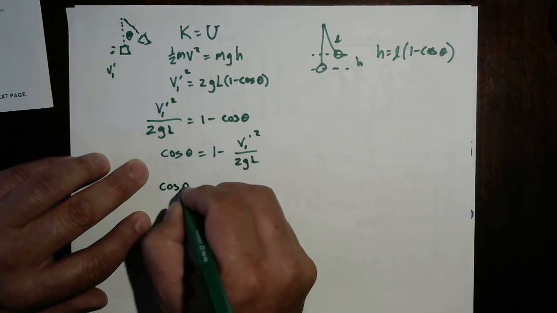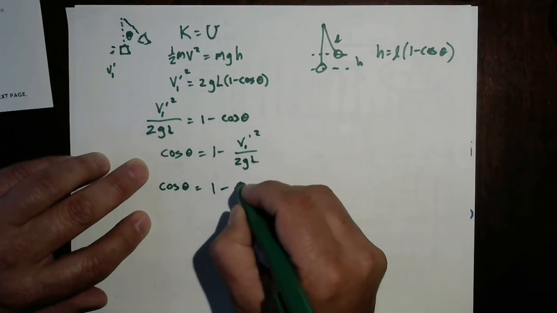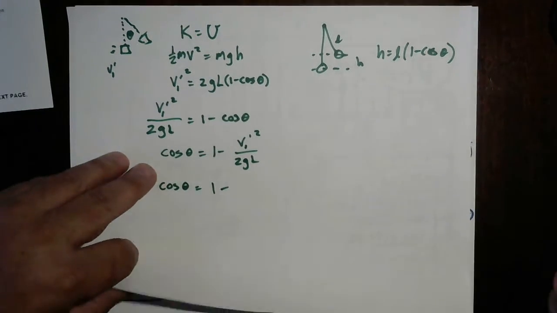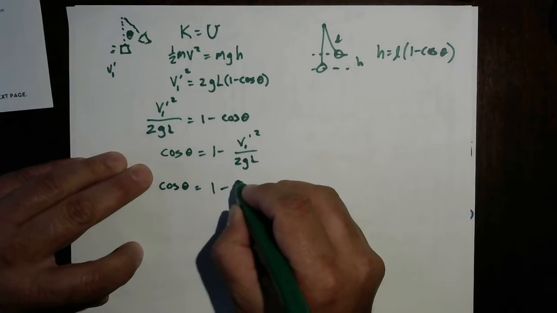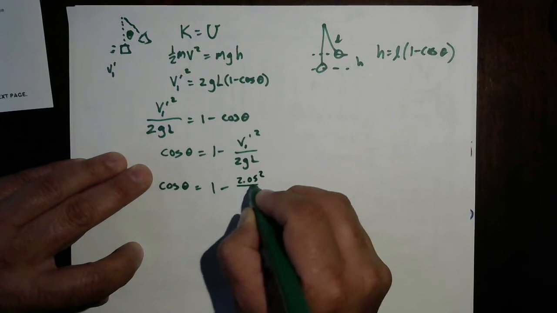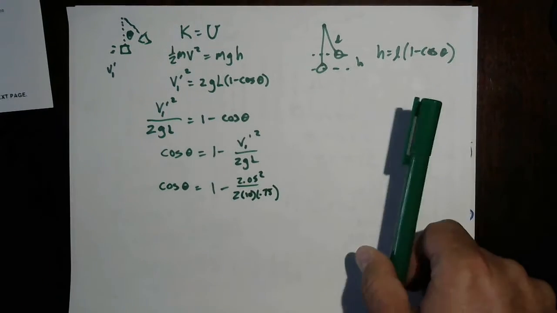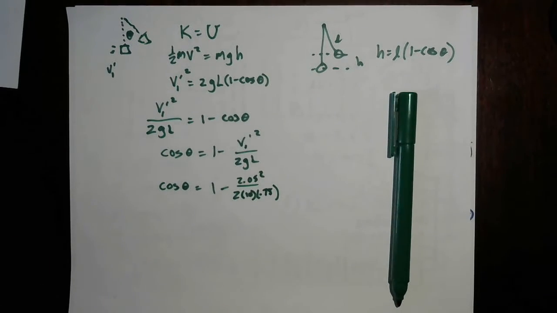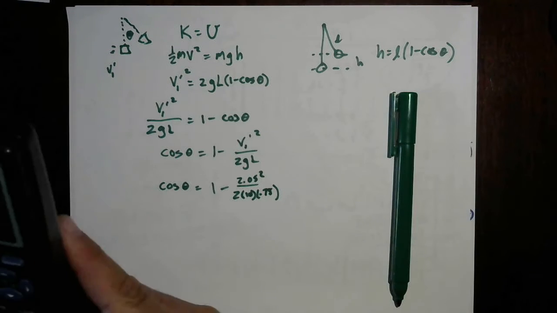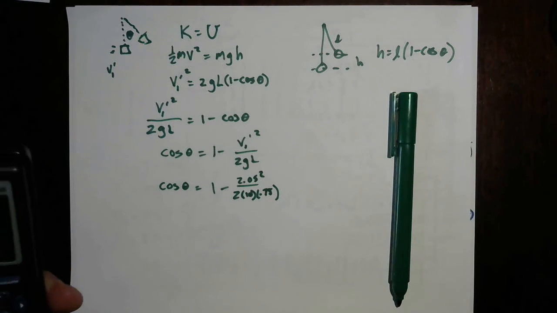Okay, so cosine of theta equals 1 minus, and we just figured out this velocity. It's 2.05 squared over 2 times 10 times 0.75. And I'm going to calculator this thing into the next dimension. Clear, clear, clear.